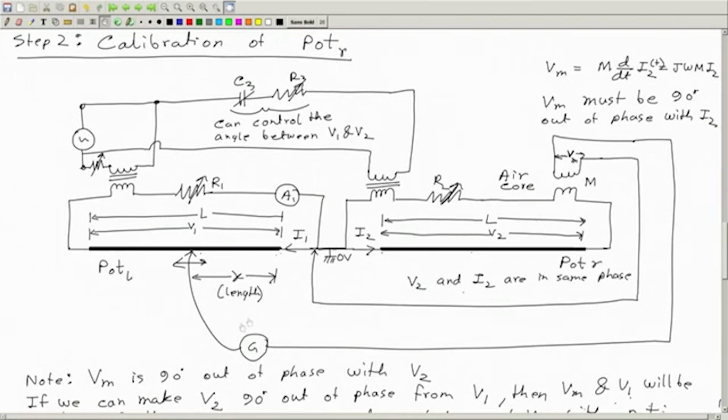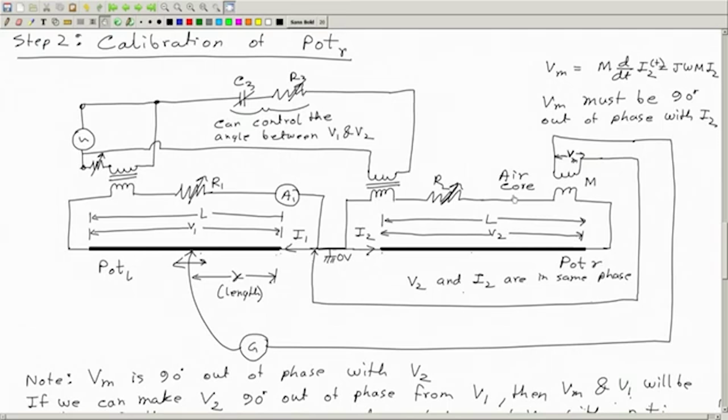So, therefore, the voltage that we are getting here is strictly Vm. There is no voltage drop at all in the secondary. This is also a nice and obvious thing. So, the voltage that we are measuring is exactly 90 degrees out of phase from this current I2. Okay. So, this is also important.